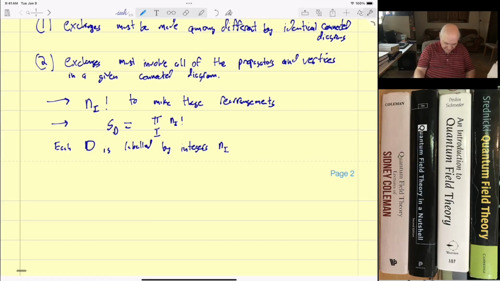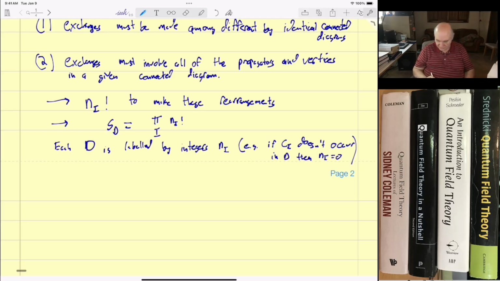And for example, if C_I, the connected diagram corresponding to integer I, doesn't occur in D, then n_I equals 0.